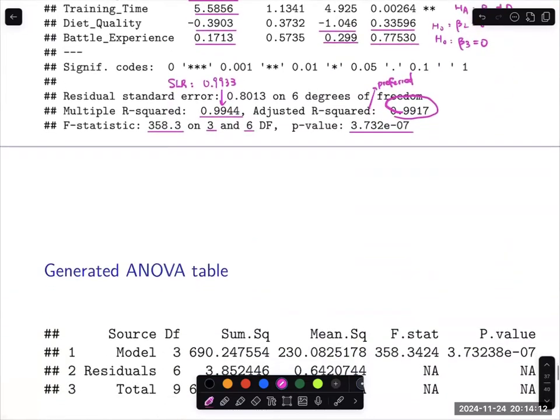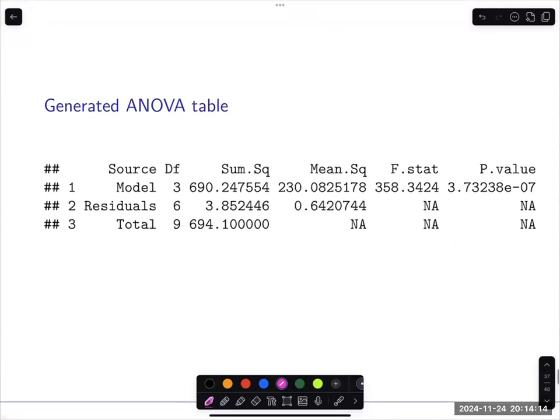Okay, so this would be the generic ANOVA table, and here we have the model variation that can be explained by the model at 690, and the residual sum of squares at 3.85, with the mean square regression at 230, and the residual mean square equal to 0.64, with the corresponding F statistic calculated as 358, and the corresponding P value as 3.73 times 10 to the power of minus 7, which is an extremely small number.